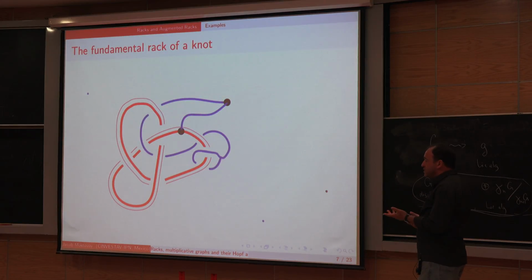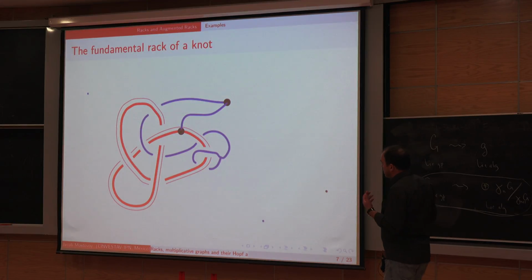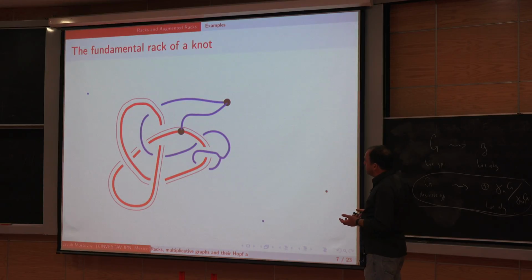So it's just a composition in a way. If you have any element of the fundamental group, we can go around this loop, and then go along this path which ends at the knot. This way, the fundamental group acts on the rack, just precomposing these paths with loops.